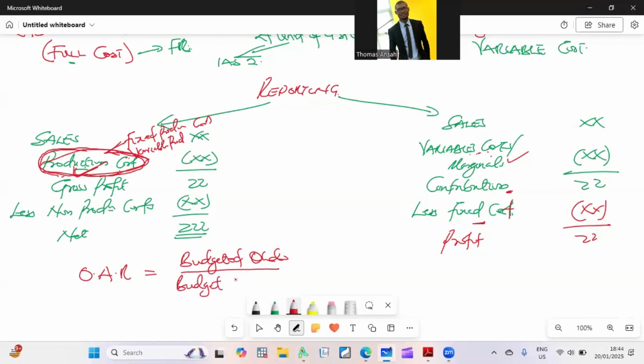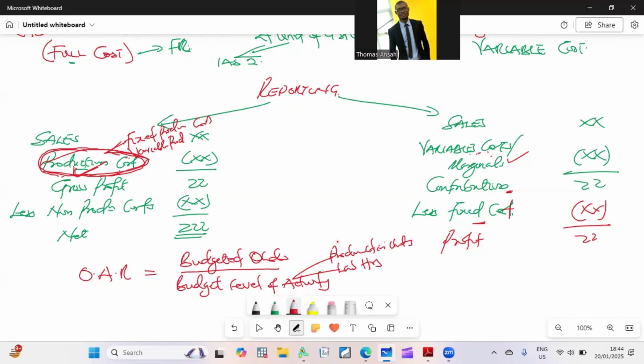Level of activity. And I explained in that video that when we say level of activity, a level of activity can be the production unit. It can also be the labor hours. All right. So you need to take note of that. So it's either the production units or you are looking at the labor hours. All right. So that is that.